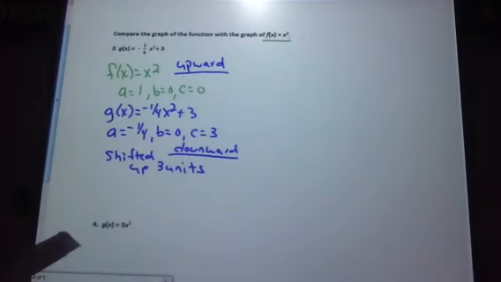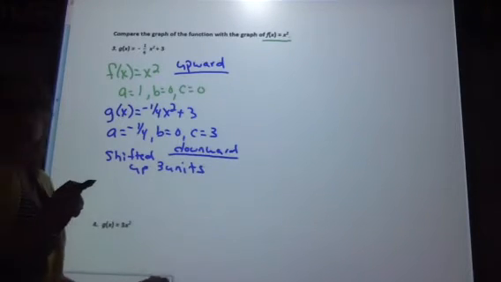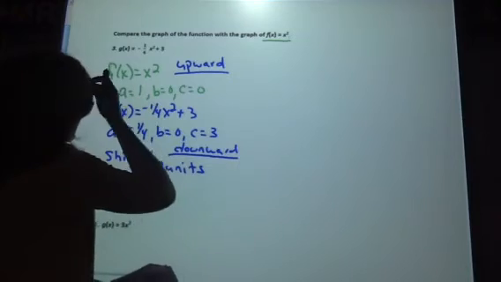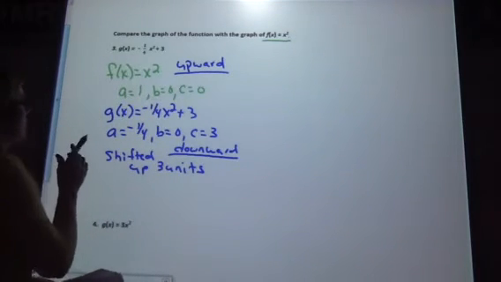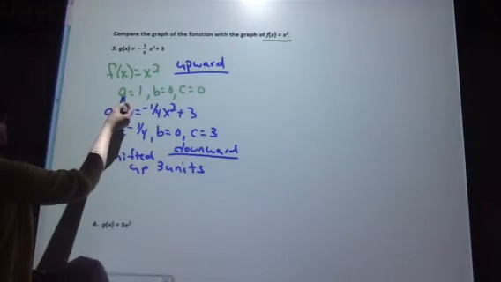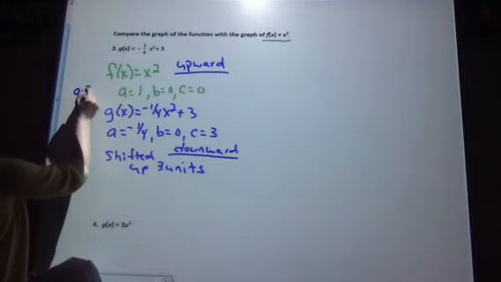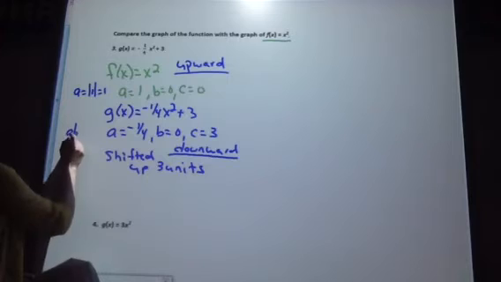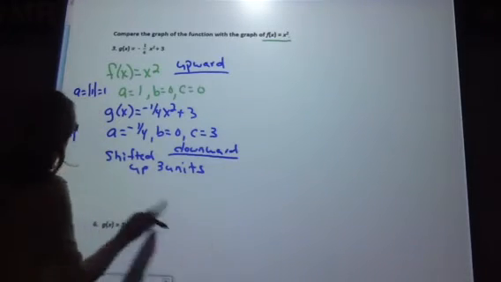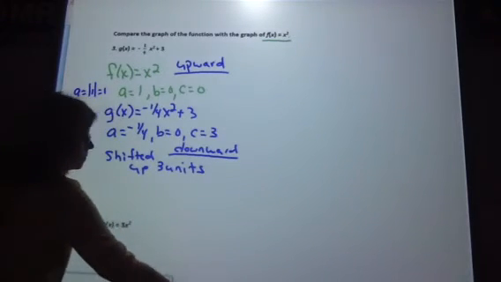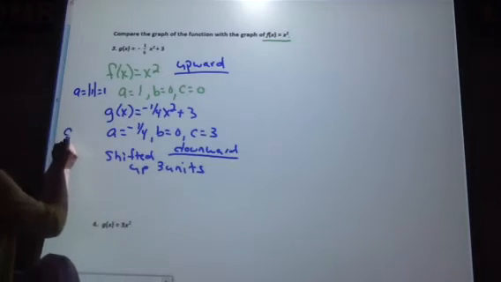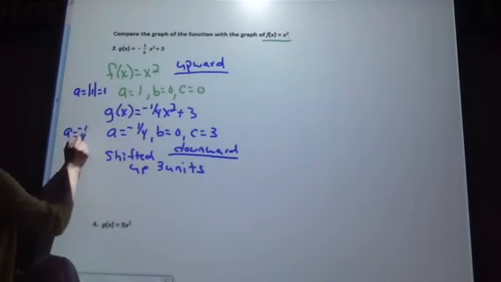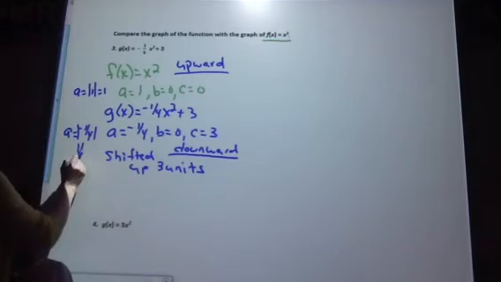All right, that's it. Oh, let's talk about which one's the narrowest. All right, so when you compare the narrowest, you take the absolute value. So the absolute value of A here is 1. Absolute value of A here is 1/4.